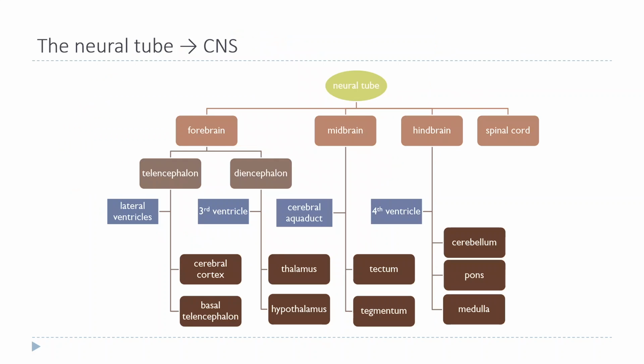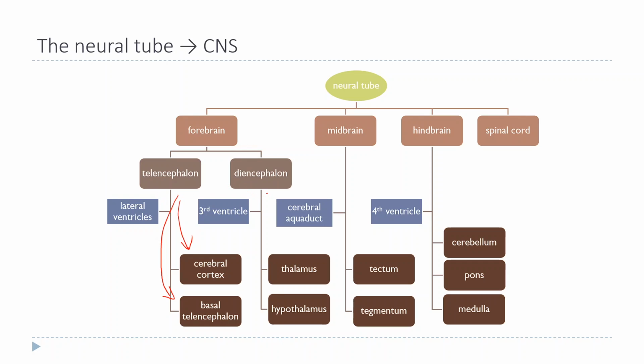And then this is just a schematic to show how everything connects to everything else. So again, the neural tube develops into these main regions: the forebrain, midbrain, and hindbrain. Forebrain develops into the telencephalon and diencephalon. Telencephalon develops into the cerebral cortex and the basal telencephalon or basal forebrain. And the inside of the telencephalon we call the lateral ventricles.